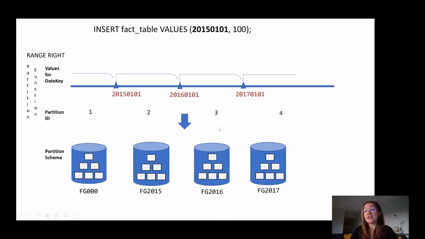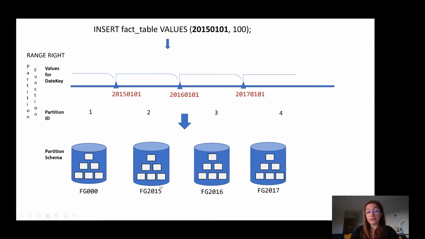The insertion of a row will pass the value of this column, because I said that column will be my partition key, to my function. So my function will assess that value according to the boundaries that it has, and it will return the partition ID to my engine. So my engine, based on the partition scheme mapping, will know in which partition, in which filegroup, this value should be stored.